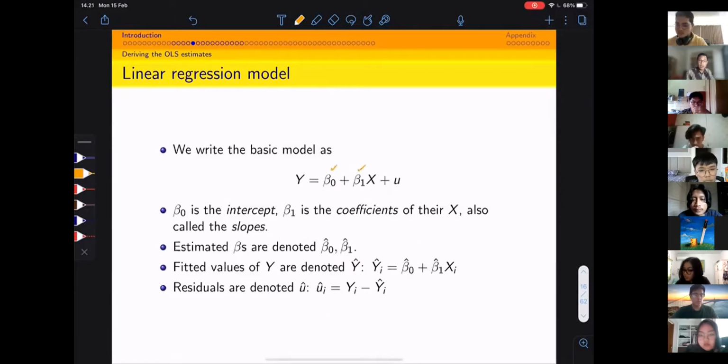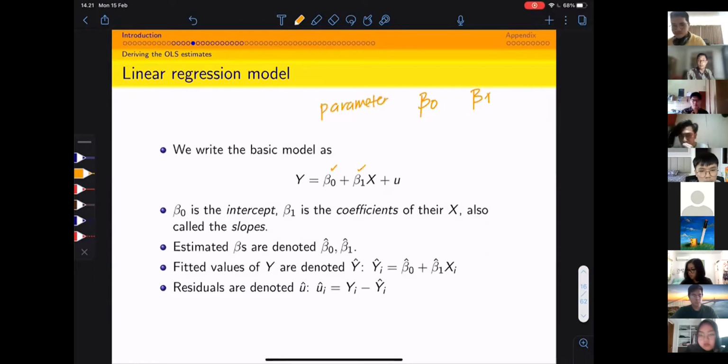We know that beta 1 is the coefficient of x, which is also referred to as the slope, and we care most about this beta 1. Now, the estimated betas are going to be denoted with hats. Beta 0 and beta 1 are for the population. Again, we don't know what the values are.